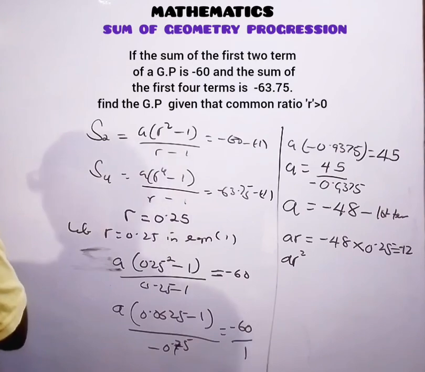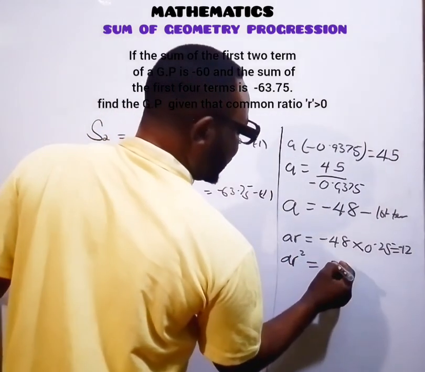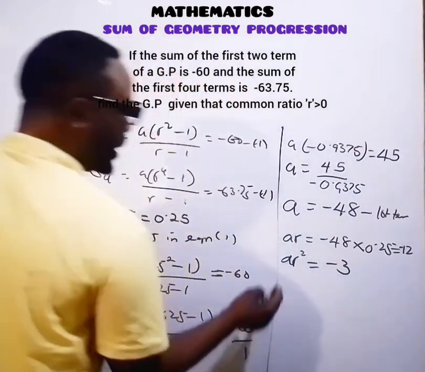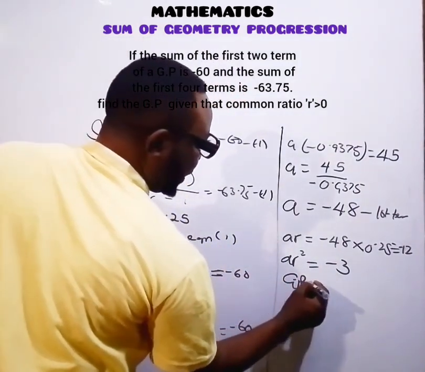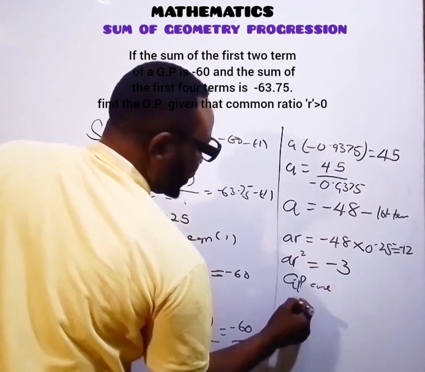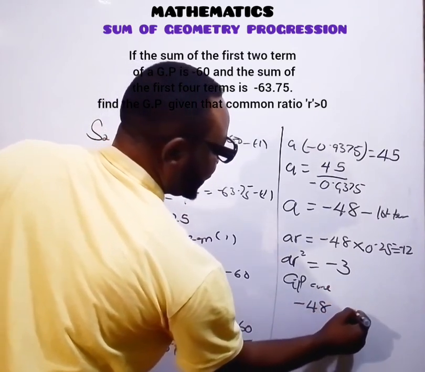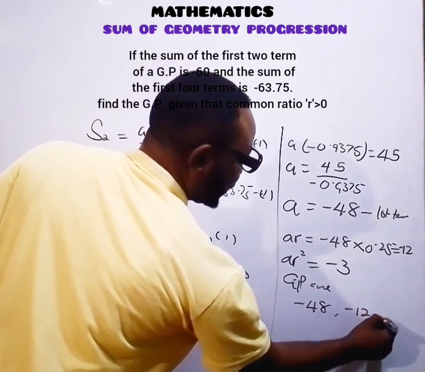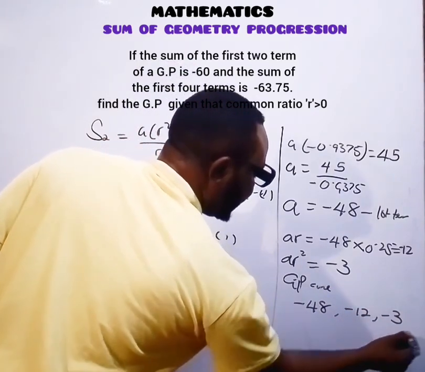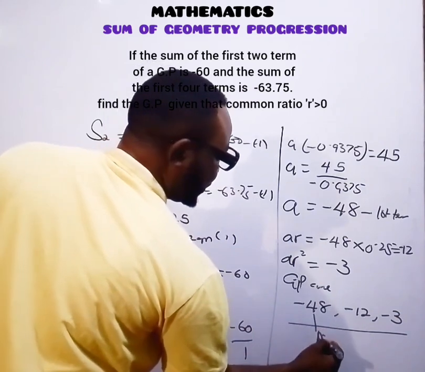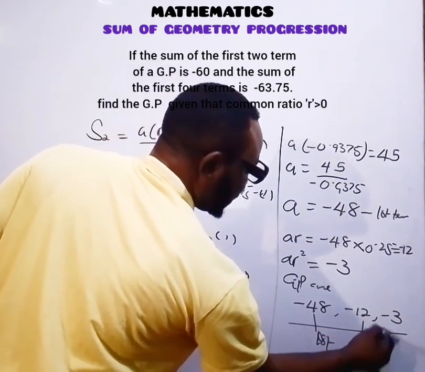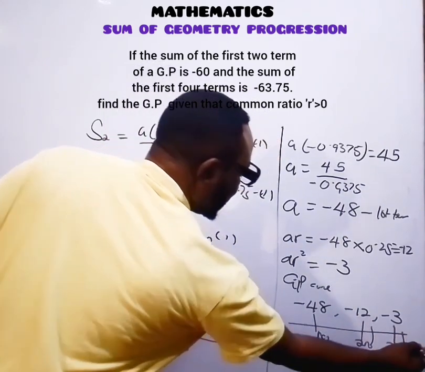That one will give us minus 12. ar^2 is 0.25 raised to power 2 multiplied by minus 48, which gives us minus 3. So the terms of the GP are minus 48, comma, minus 12, comma, minus 3. This is the first term, this is the second term, and this is the third term.